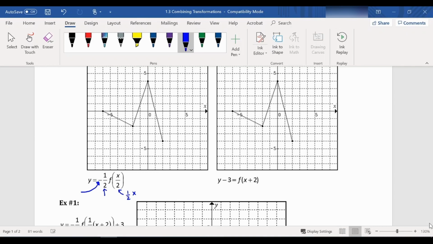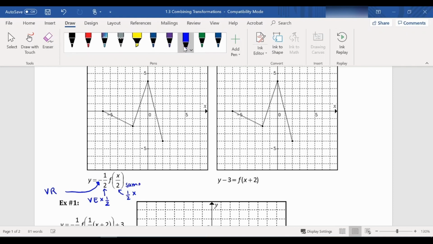So the negative outside the function, a reminder, this is a vertical reflection. We can write this as VR. The 1/2 in front of the function would be a vertical expansion by 1/2. Okay.